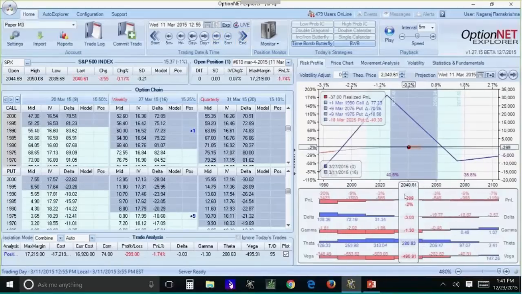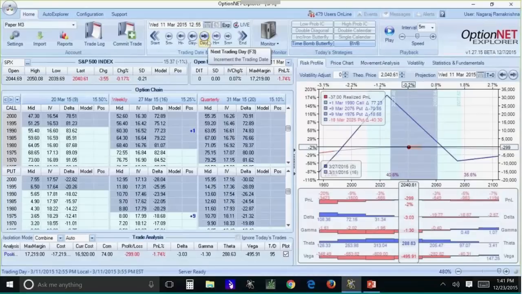So you will see some aberration in pricing. OptionNet Explorer sometimes doesn't pull the right historical pricing in. So you see about minus 300. We are aiming for 600 to 800 per unit. Each long call I consider as a unit, a unit of M3. So I'm aiming for 600 to 800, which works out to 3 to 4% of my set aside 20,000 capital.